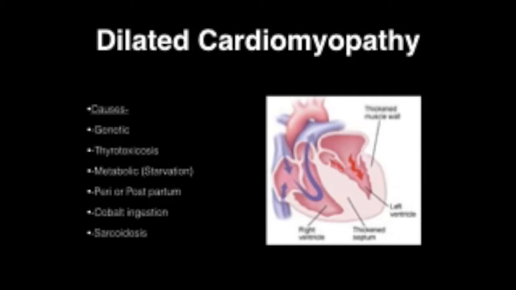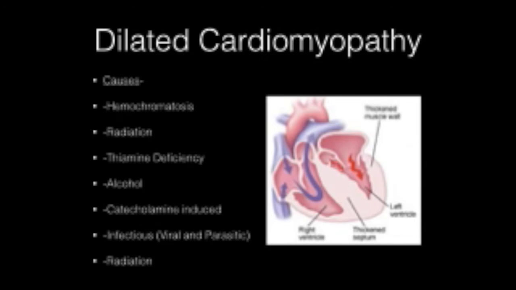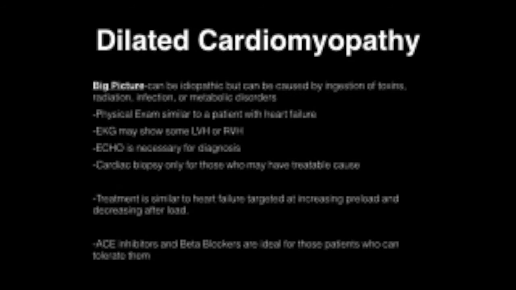They list the causes as genetic, thyrotoxicosis, starvation, peri or postpartum, cobalt ingestion, sarcoidosis, radiation, hemochromatosis, thiamine deficiency, alcohol, catecholamine-induced, and infectious, which can be viral or parasitic. Big picture, I would just point out that this can be idiopathic, or it can be caused by ingestion of toxins or radiation or infection or metabolic disorders.